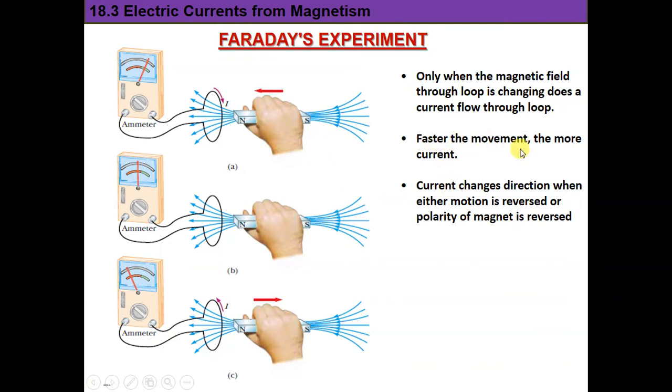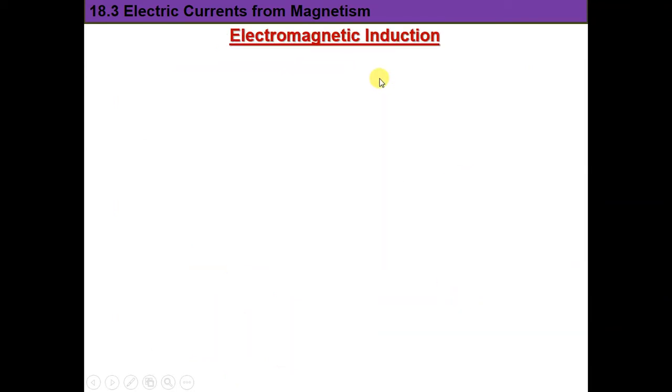And the faster the movement, the more current. We said this last time. Current changes direction when either the motion is reversed, like in and out, or when the polarity of the magnet is reversed, for example, when you enter the south pole instead of the north. So we talked about this last time.